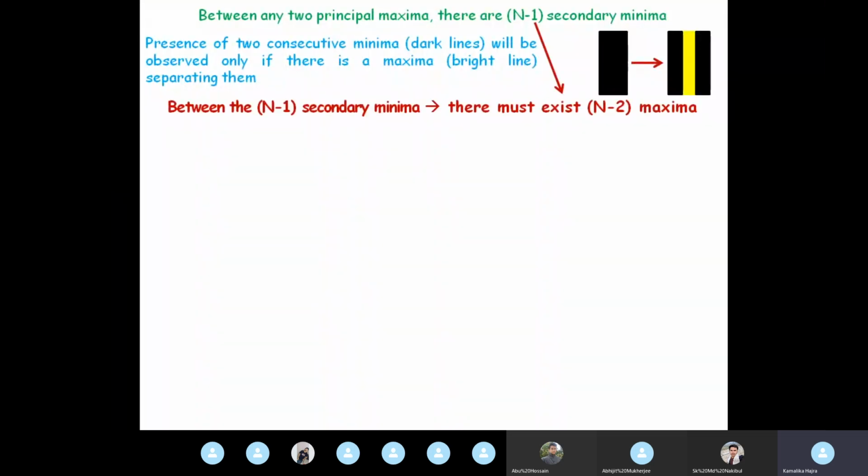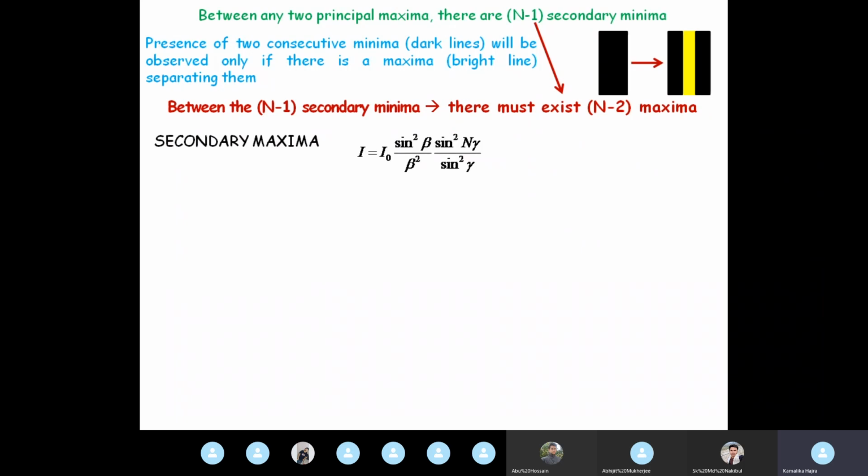So in between the n minus 1 secondary minima, there must exist n minus 2 maxima. Okay. These are called the secondary maxima. Okay. And we'll see whether these have the same intensity as the principal maxima or less, or what the intensities are at the positions of these secondary maxima.